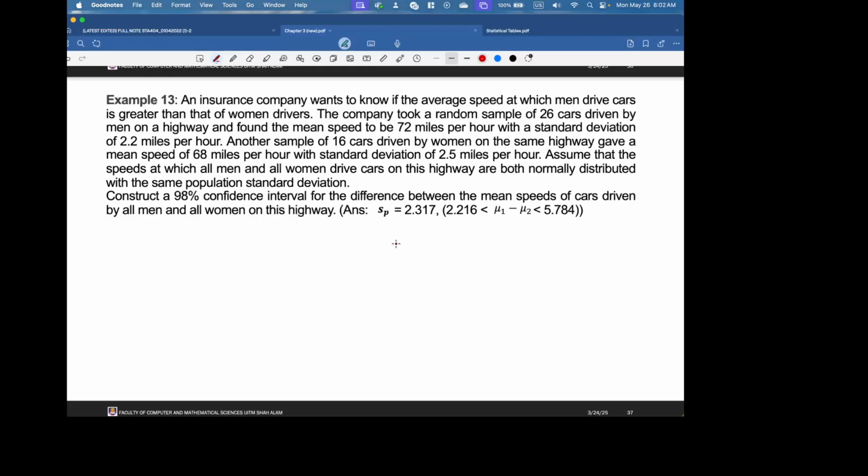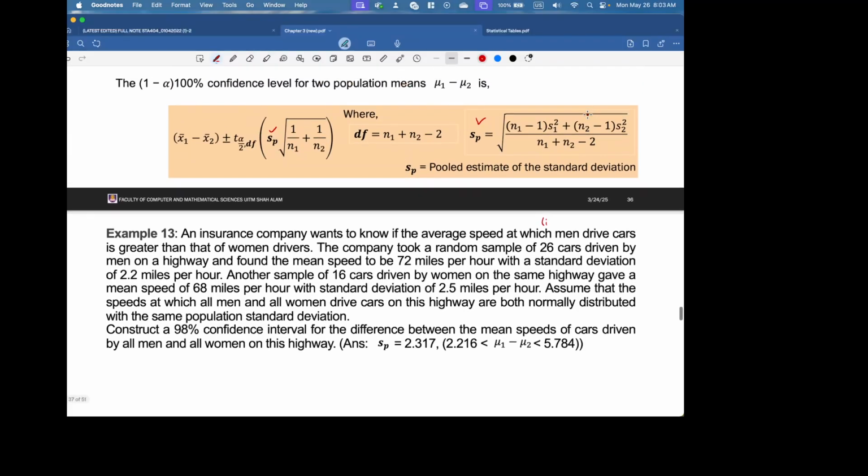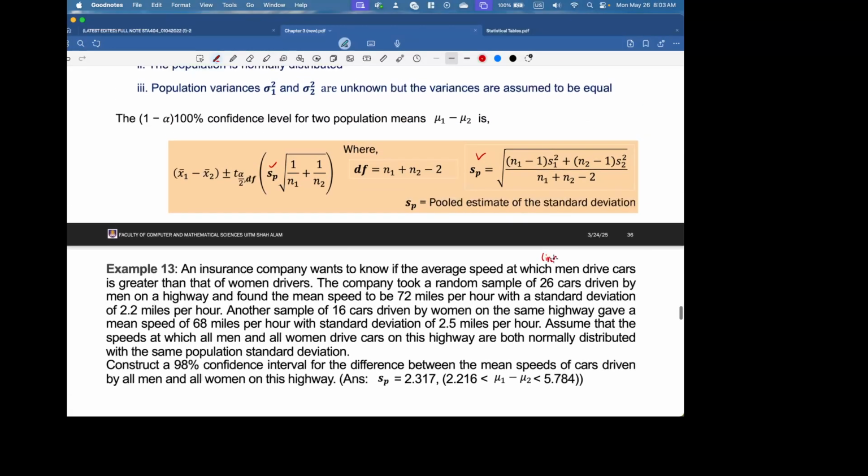When we read, an insurance company wants to know if the average speed at which men drive cars is greater than that of women drivers. So they want to look at the average of men and women, which means this is from different samples. So the information given is independent.